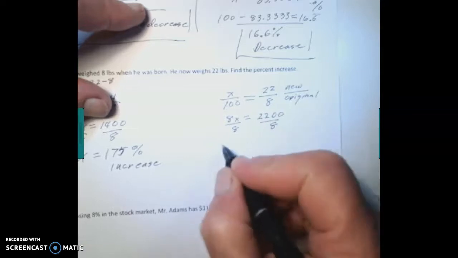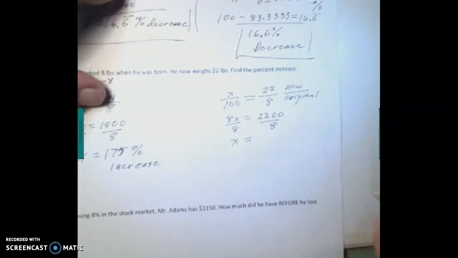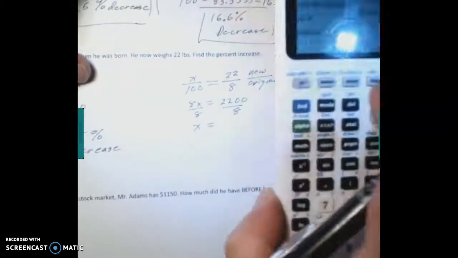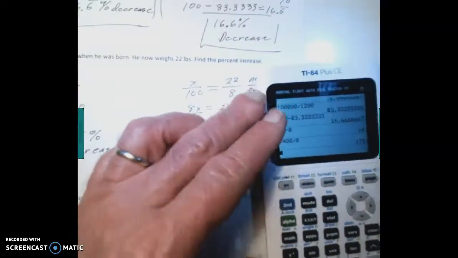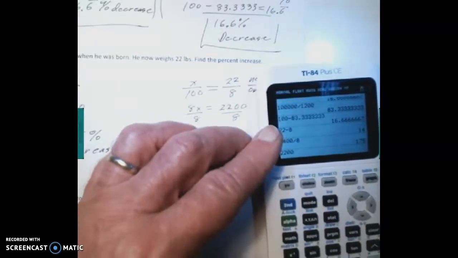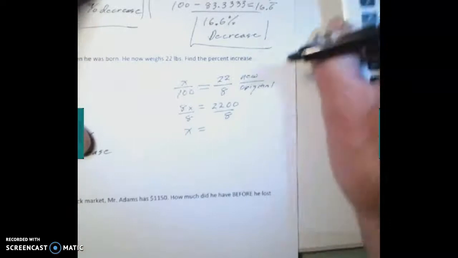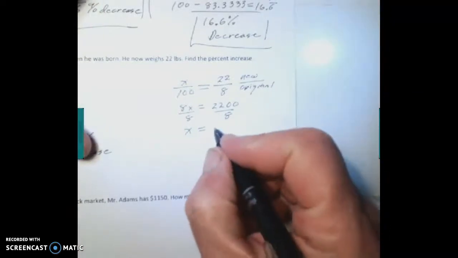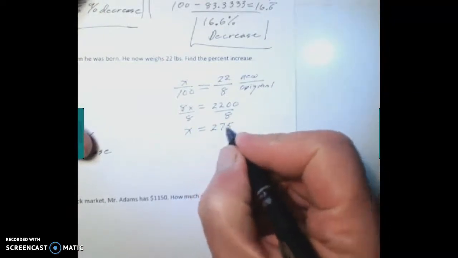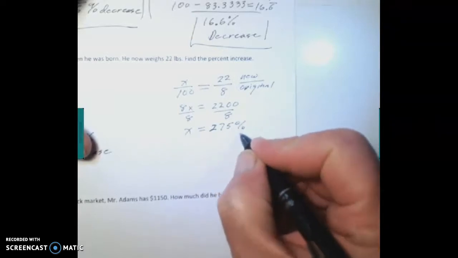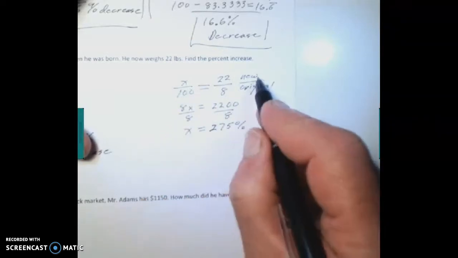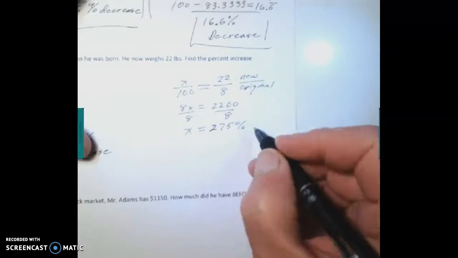Divide by 8, you come up with x equals 275. 275%. But again, this is new over original.